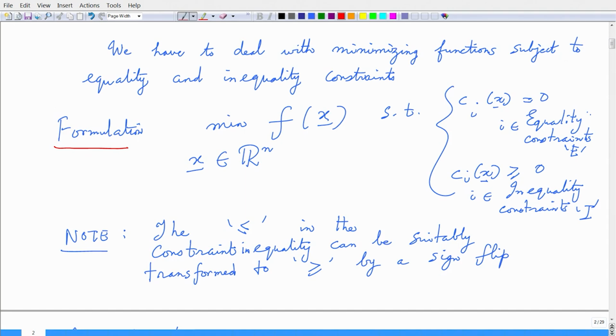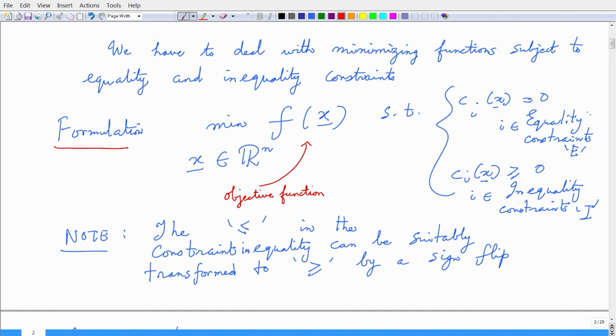I want to minimize this objective function, right. This f of x is the objective function, and this minimization has to be done subject to certain equality and inequality constraints.